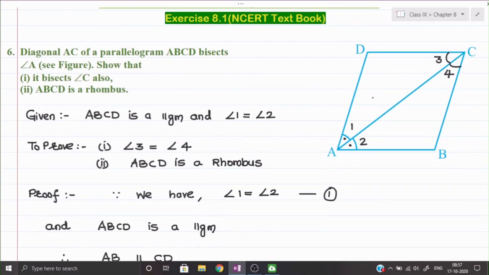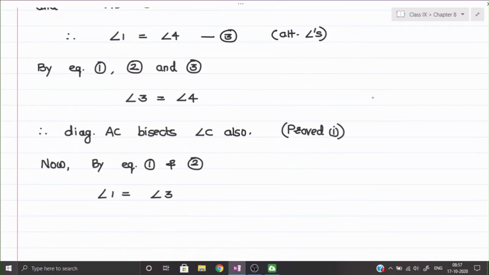Okay, so here we shall write down further. Therefore AD is equal to CD. Reason can be given, side opposite to equal angles.